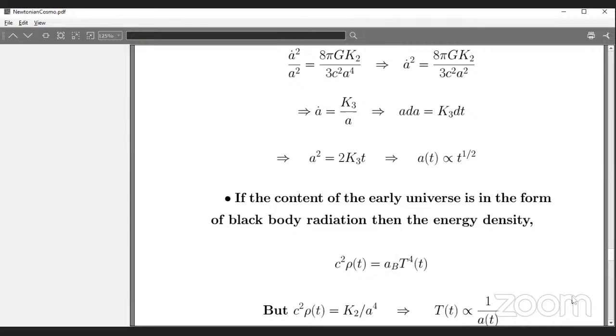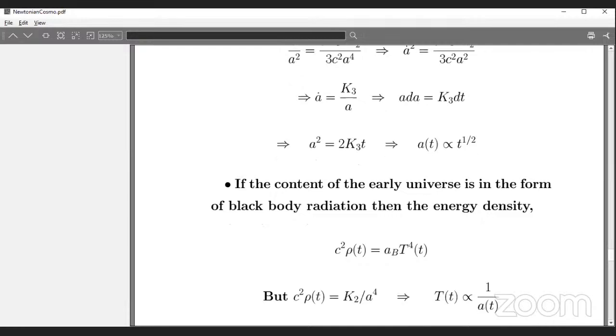But we have already proved that for radiation-like matter, the energy density also goes as 1 over A4. Comparing these two equations, that energy density is proportional to the 4th power of the temperature, while the energy density is also proportional to 1 over the 4th power of the scale factor, we find that the temperature of the radiation falls as 1 over A of t as the universe expands.